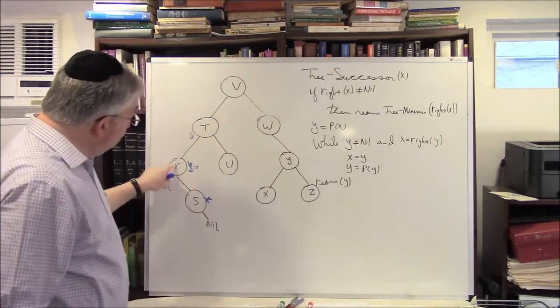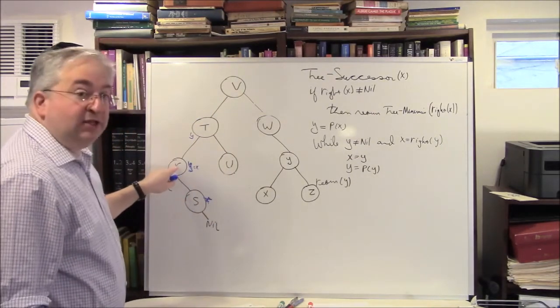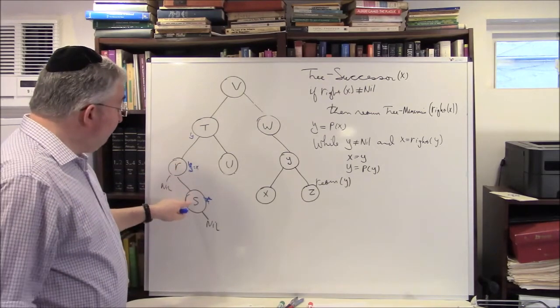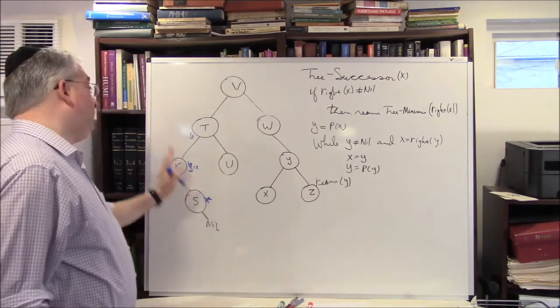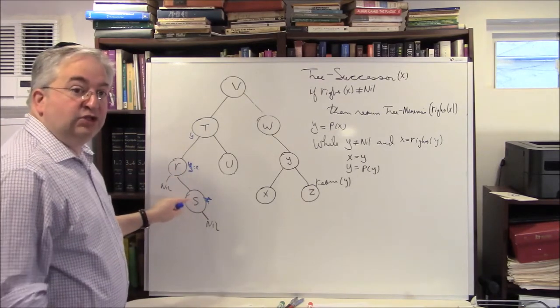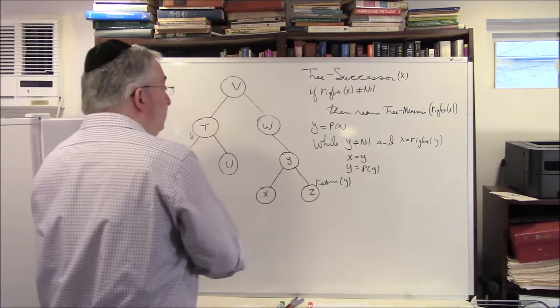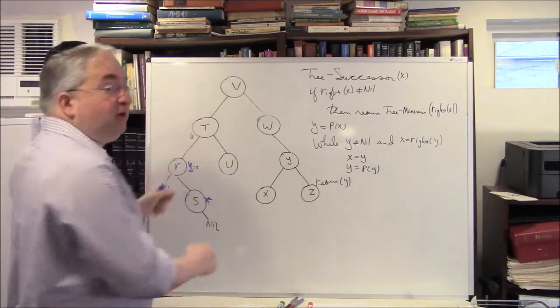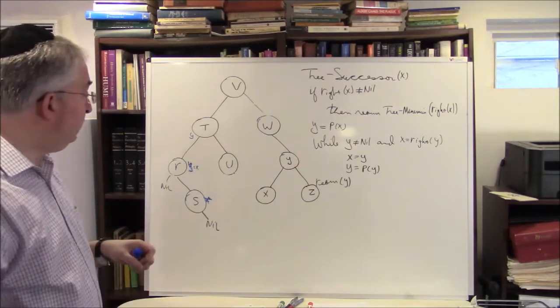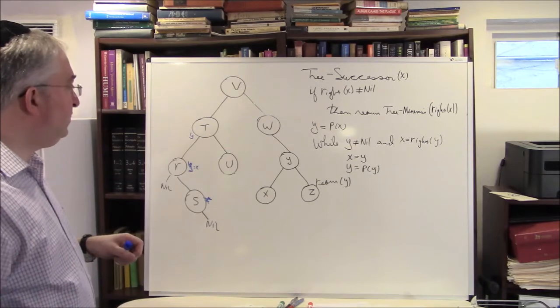But sometimes going up the tree is a parent, and the parent is less than it. If your parent is on the left, then r is less than s. So what do you have to do? Well, you have to find the first ancestor that's to the right, that's greater than it. That's the key point. You have to find the first ancestor that's greater than it.